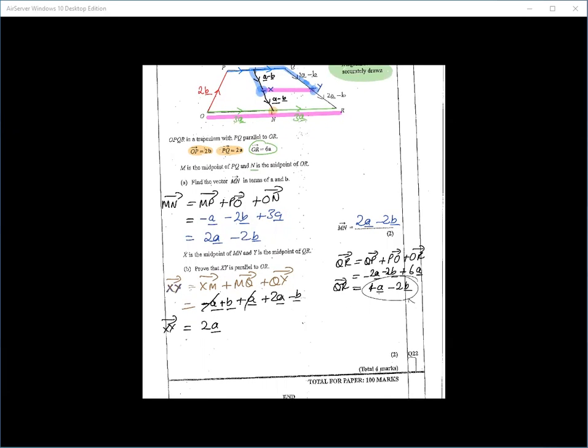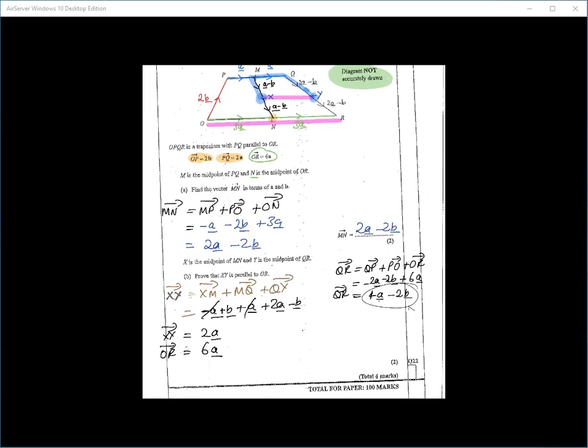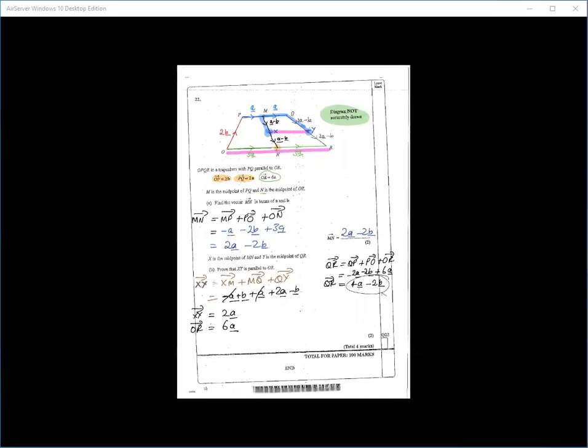And what is OR? It's 6a. They want you to prove that these two vectors are parallel. Are they parallel straight away? Can you tell? Yes. So what do we say? Give me the wording now. OR is parallel to XY. Why?